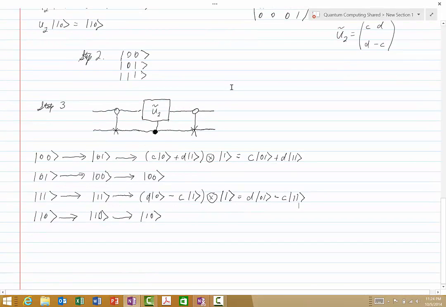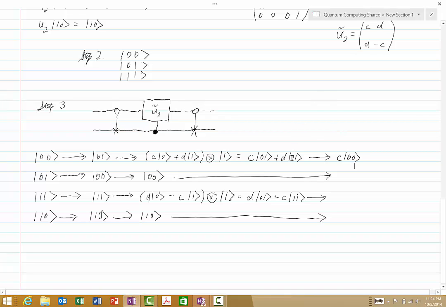And now finally all four of these will go to this final controlled NOT gate. And let's see where everything ends up. Okay, in this last controlled NOT gate, we're looking for a 0 in the first bit. So this C01 will go to C00, but the D11 will stay as D11.